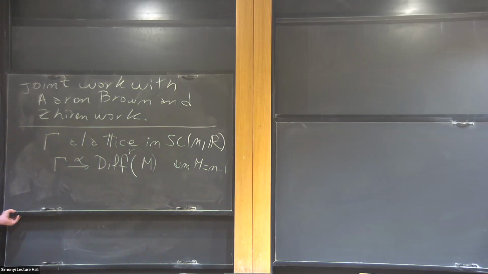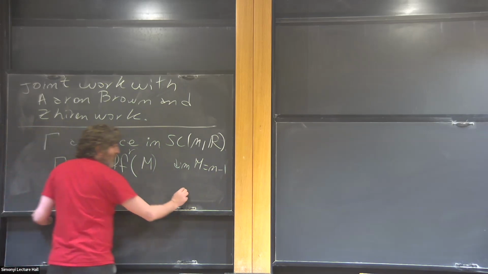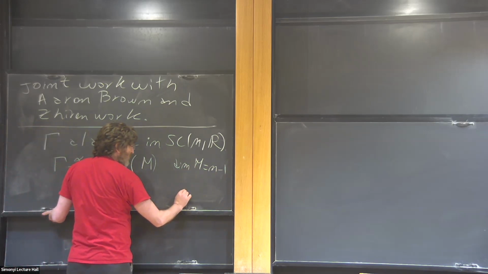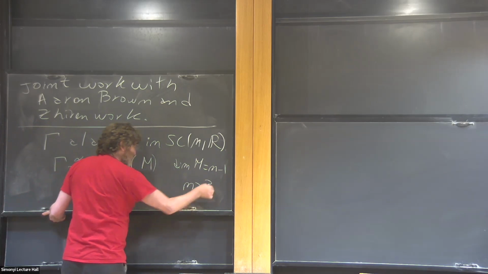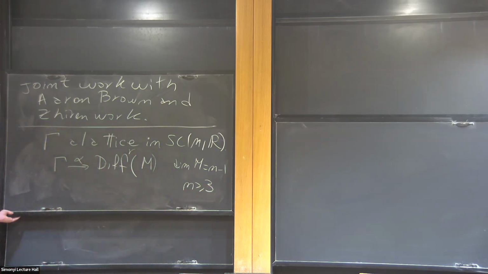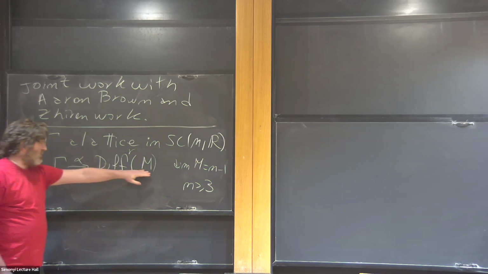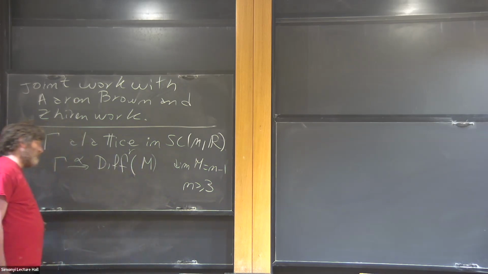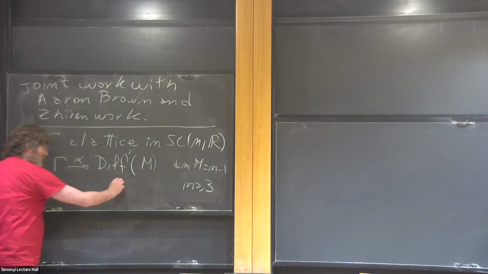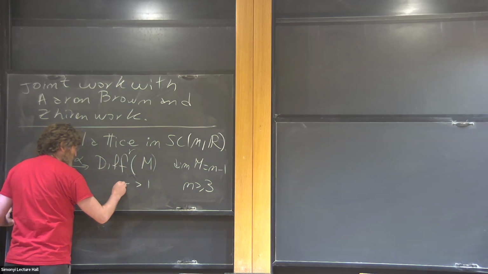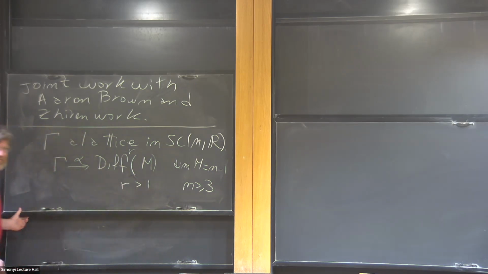So it's very low dimension here, n is meant to be at least 3, so the dimension is at least 2. And r also has to be strictly larger than 1, but infinity is fine.